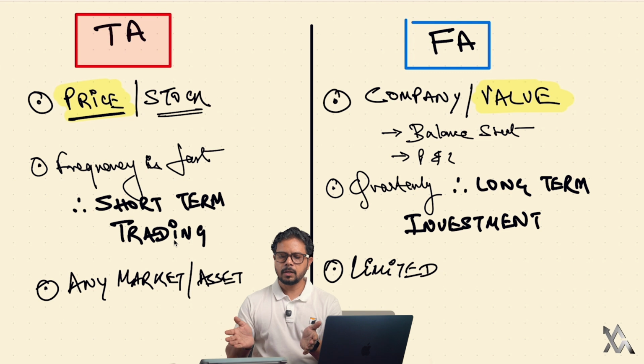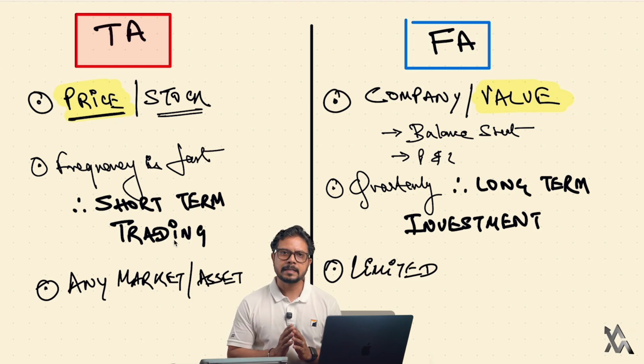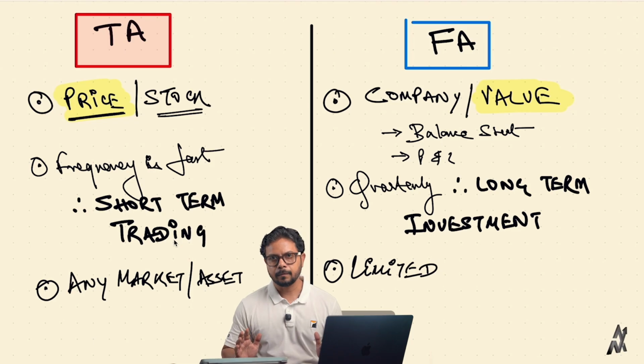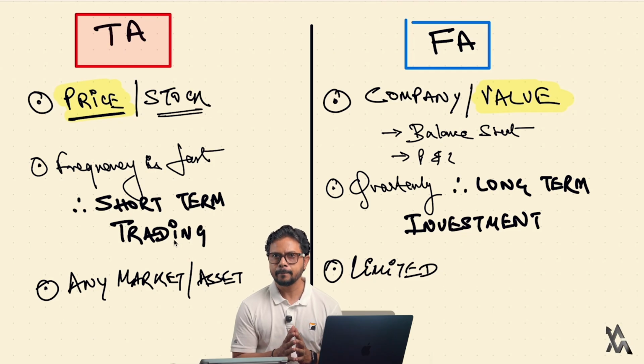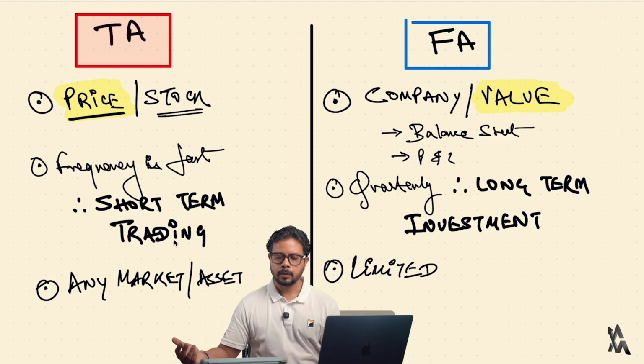Here are the three main pointers that I've jotted down in front of you, which tell us very clearly that they are two very distinct, separate fields. There are two paths. What we are trying to do is figure out: is it a good price to buy or not? One path is that of price. The other path is that of the company. One path is that of a stock price, which changes frequently.